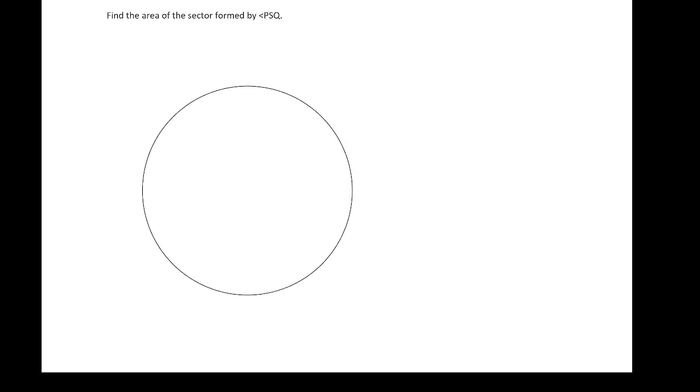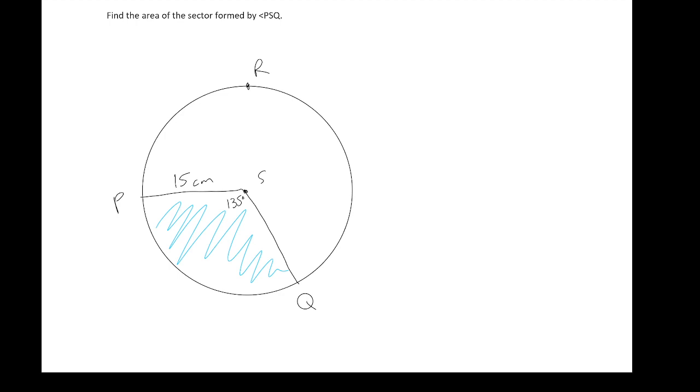We have a circle, center is circle S. We have P, S, Q. I'm also going to put on here R so that we can form this major arc. This is a 135 degree central angle, and the circle has a radius of 15 centimeters. So, how are we going to do this? Well, here's our sector right here.